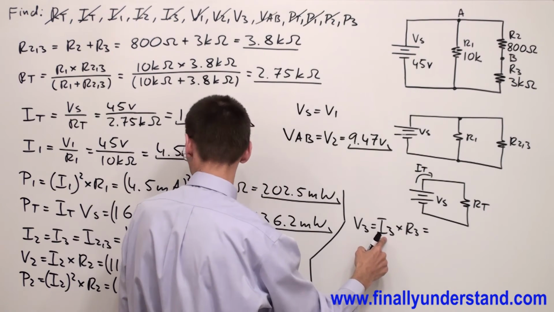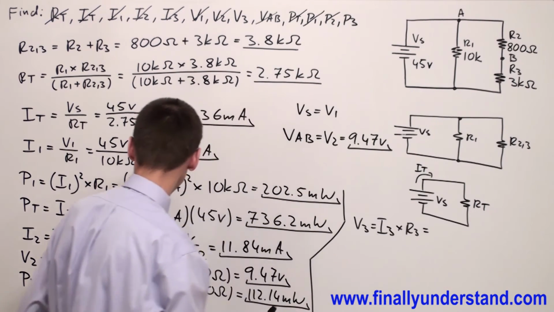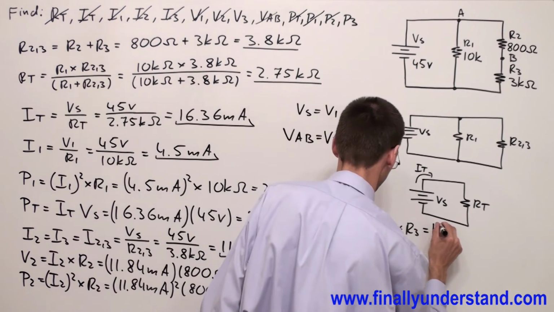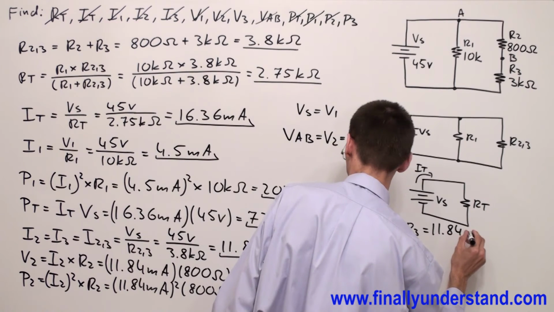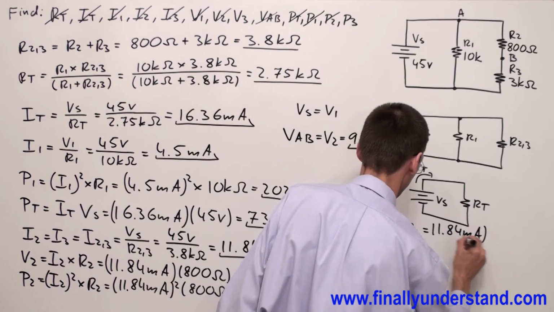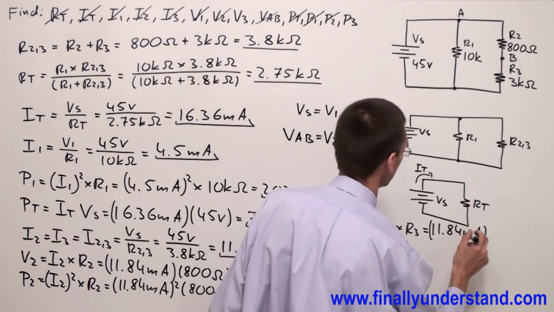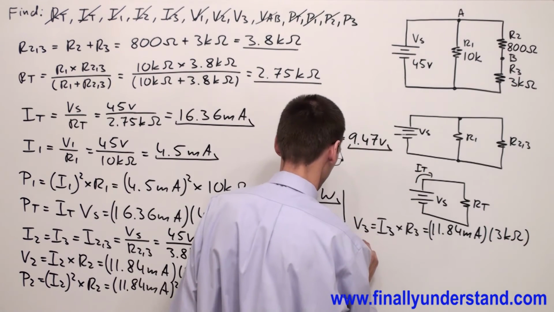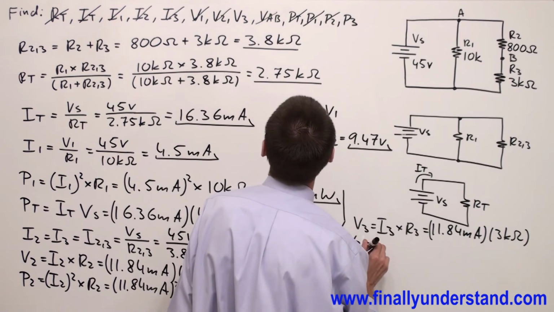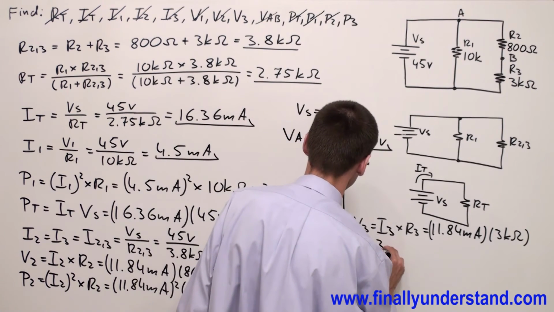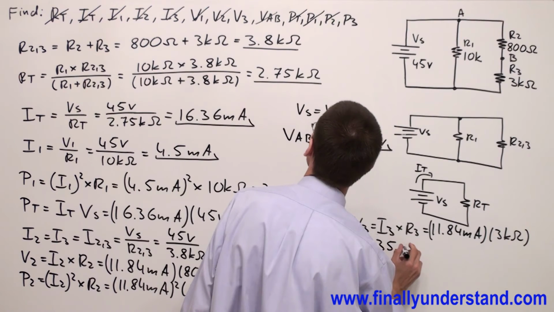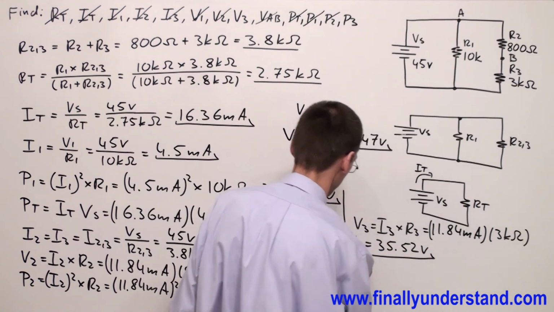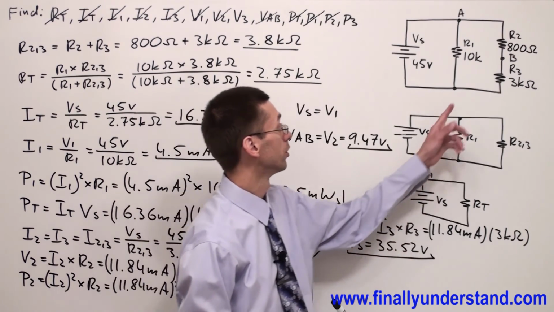I3 we found is equal to I2, this is 11.84 milliamps, times R3, 3 kilo ohms. So I have V3 is equal to 35.52 volts. Okay, so this is the voltage drop across resistor R3.